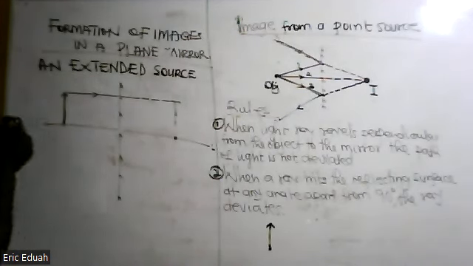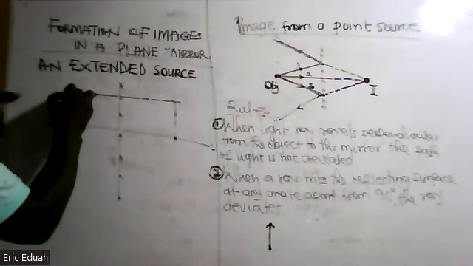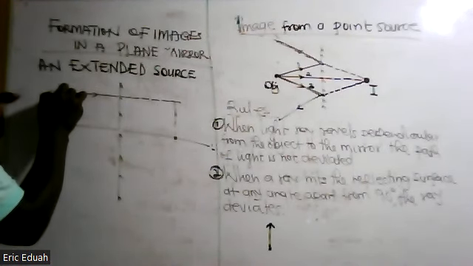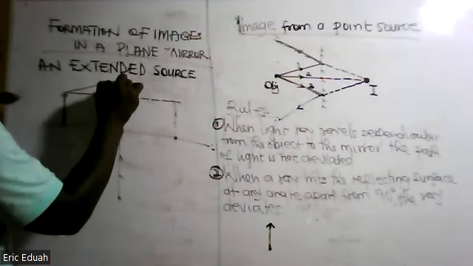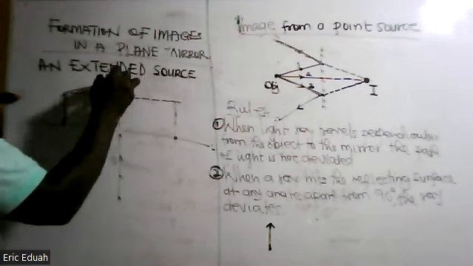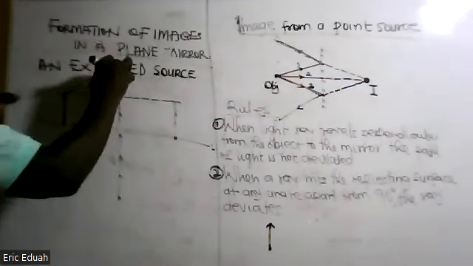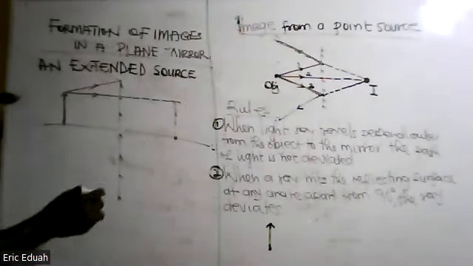So let's create another. The other ray diagram is that a ray coming from the object and hitting the mirror at an angle would certainly reflect to obey the second law.